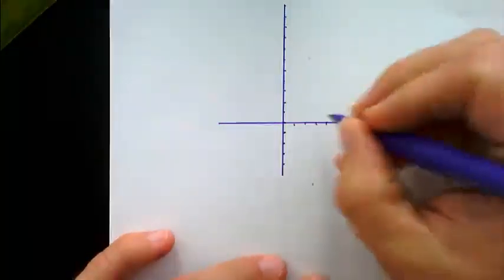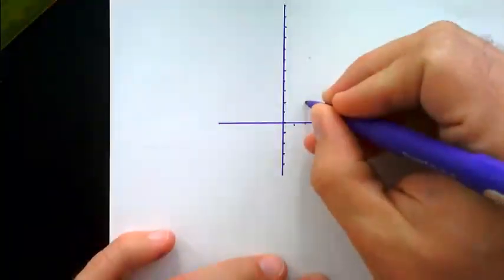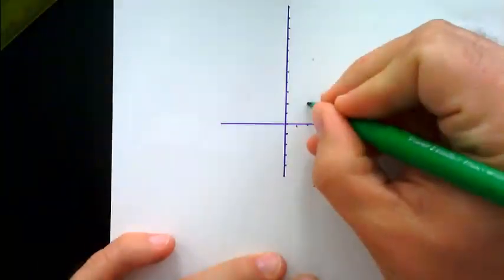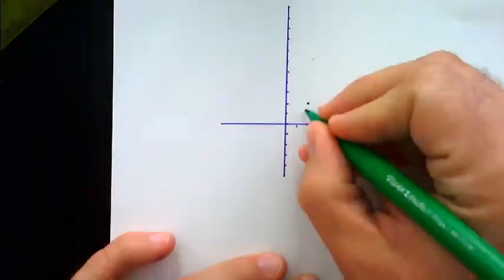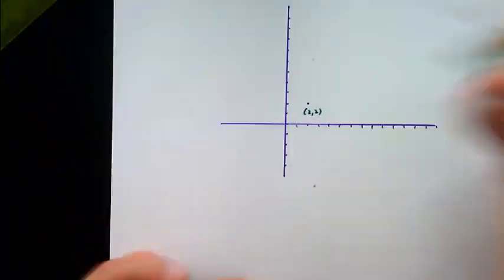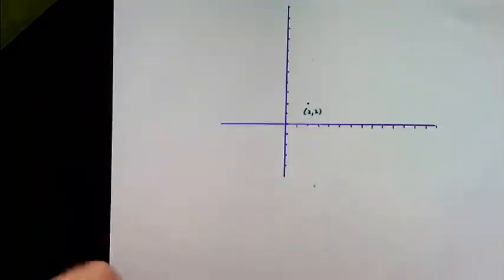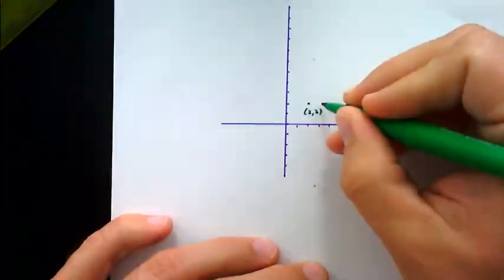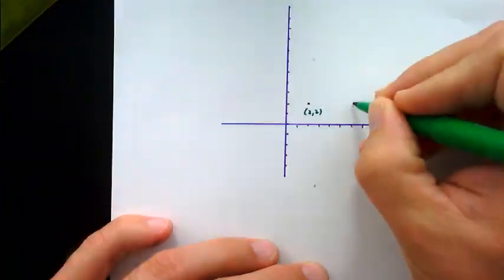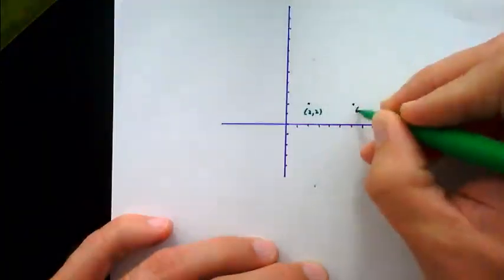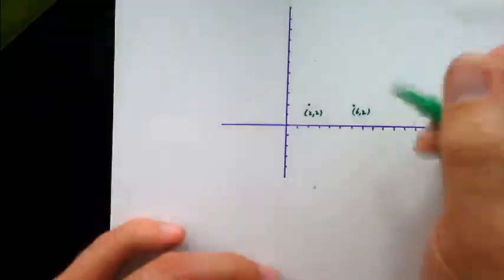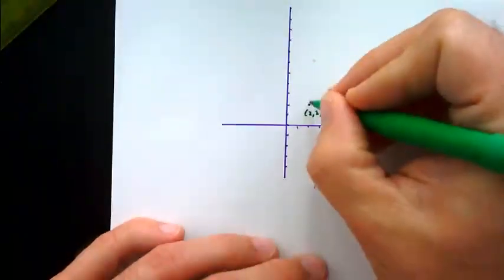So the first point that I'm going to use is 2, 2. Let's use a different color. So I got a point at 2, 2. I'm going to put a point at 6, 2. And I'm going to put a point at 2, 4.